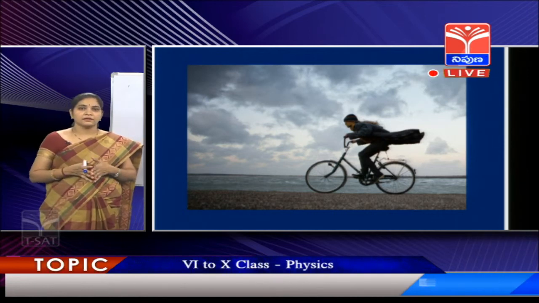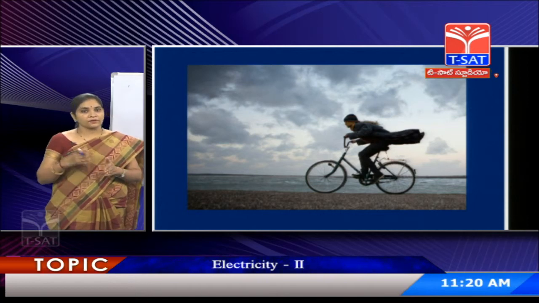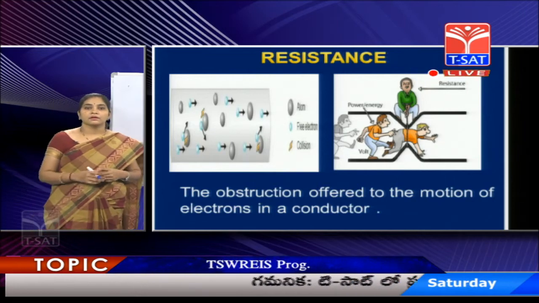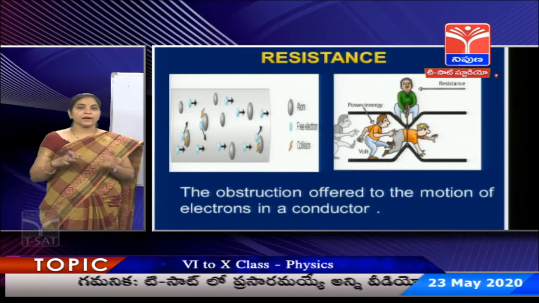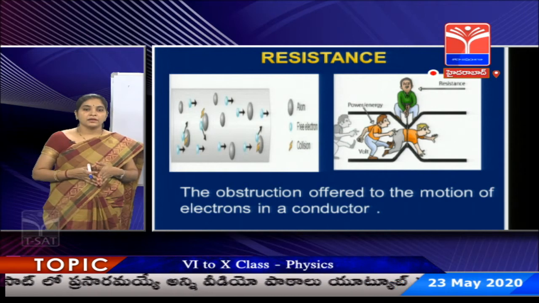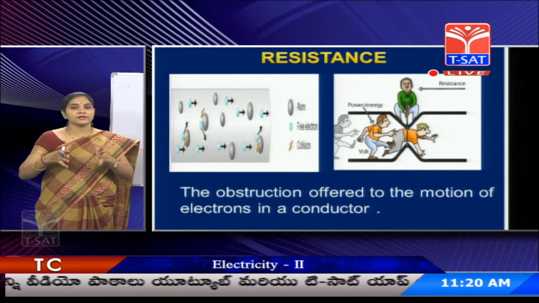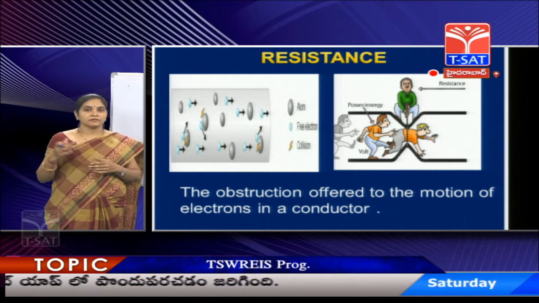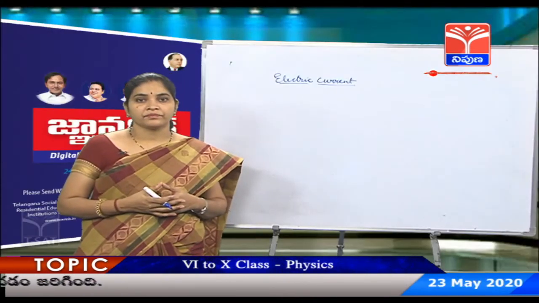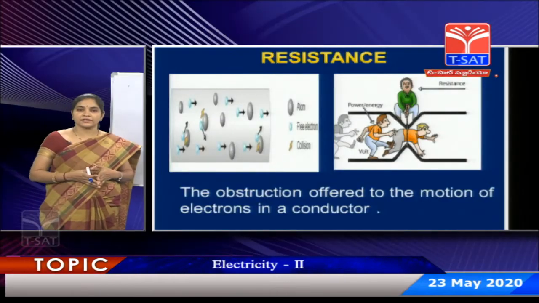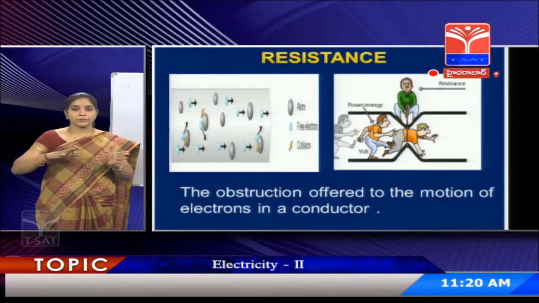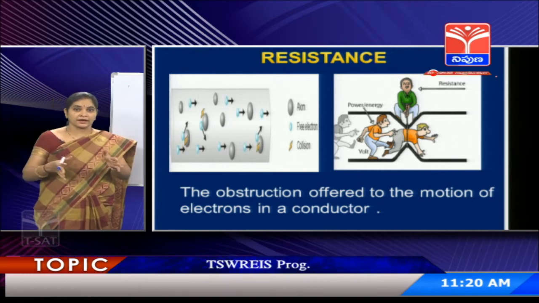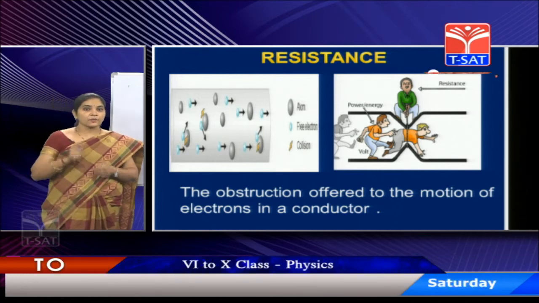Similarly, ions present in the metal oppose the movement of free electrons by colliding with them. Now in the slide you can see how the collisions are taking place between the ions and the electrons. Children, in the second picture you can see voltage is pushing the electron to move forward, whereas resistance is opposing it.